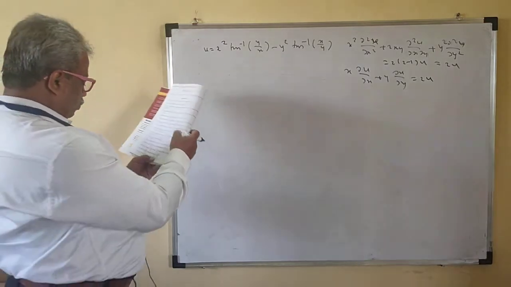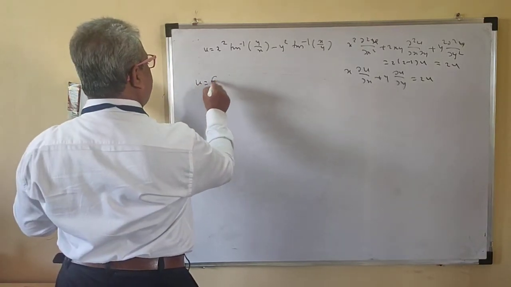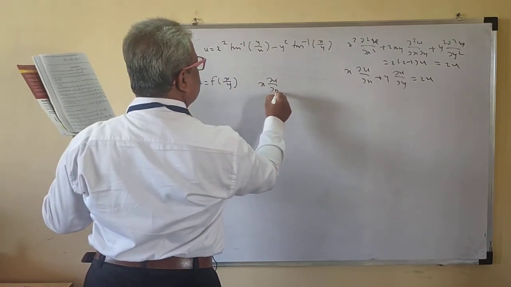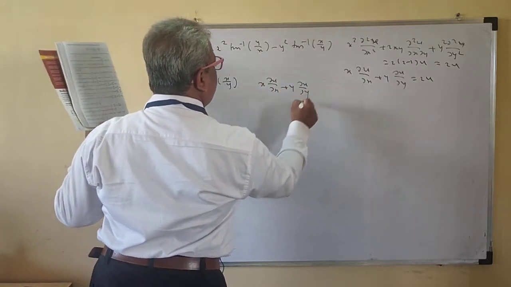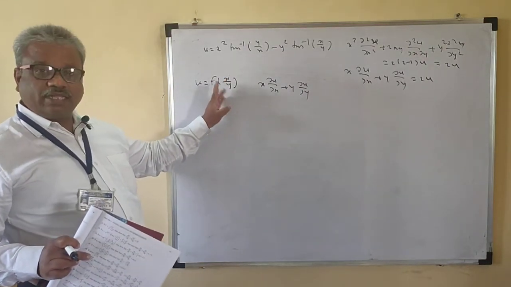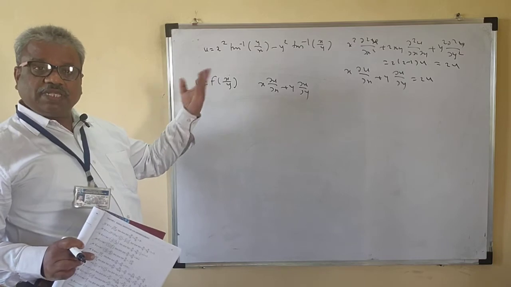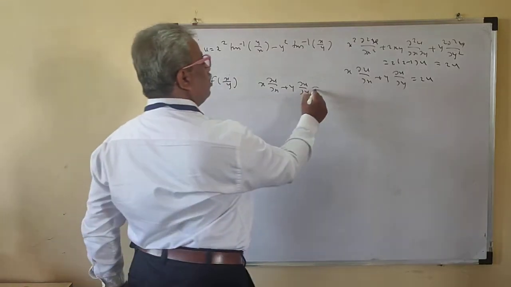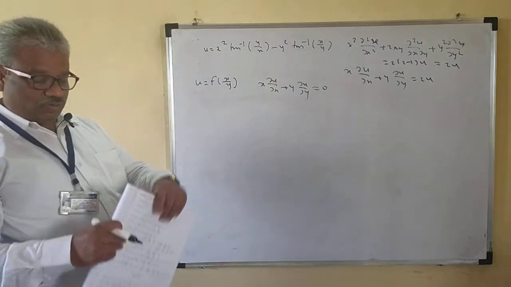Now suppose u = f(x/y). Then what is the value of x ∂u/∂x + y ∂u/∂y? If you put x = tx and y = ty, t gets cancelled, which means no t remains, so the degree is 0. This is a homogeneous function of degree 0, so the answer will be 0 times u, which is 0.